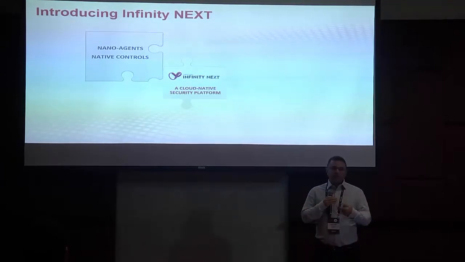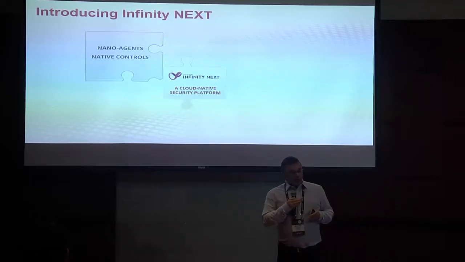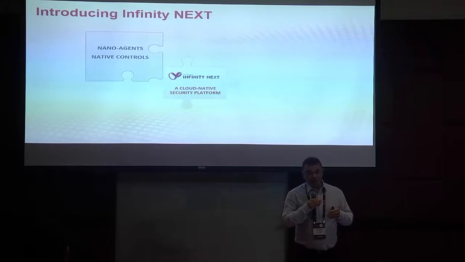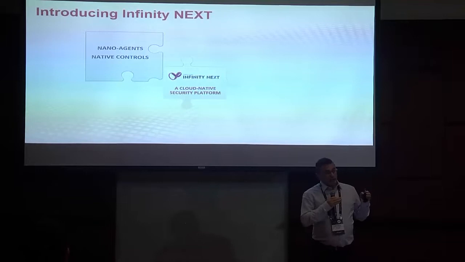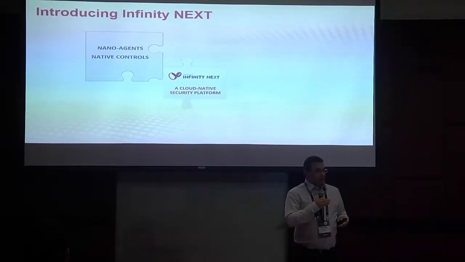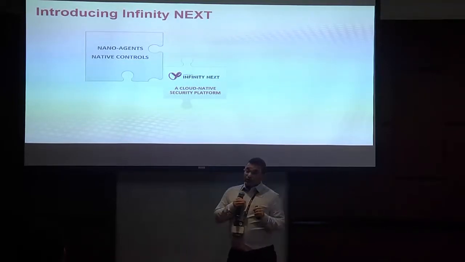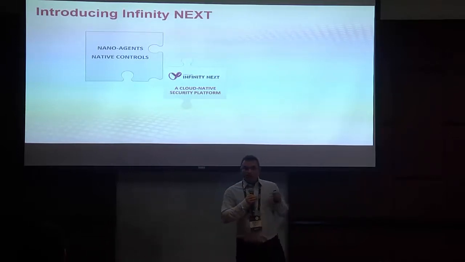So we introduced new enforcement capabilities, new enforcement points, and we thought outside the box. When I'm saying outside the box, it's outside the gateway. So we are introducing capabilities to distribute the enforcement point and to have it in the place that you need it by having a nano agent, which is a small piece of code that we can inject into the workload, whether it's a web server, a machine, Docker, or serverless.